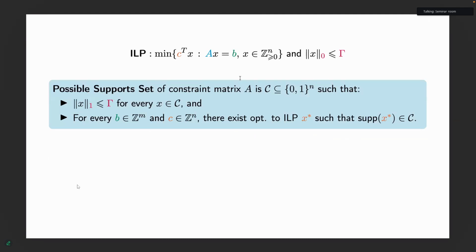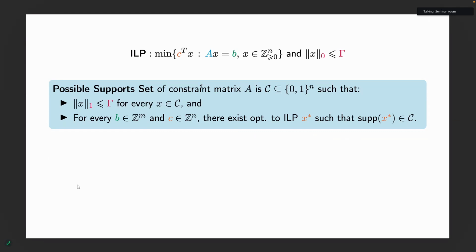And the statement that I'm going to prove now is the following. I'm just going to have a good candidate set of the supports. So I will have my constraint matrix A, and C will be a set of possible supports. And it's a really surprising theorem.